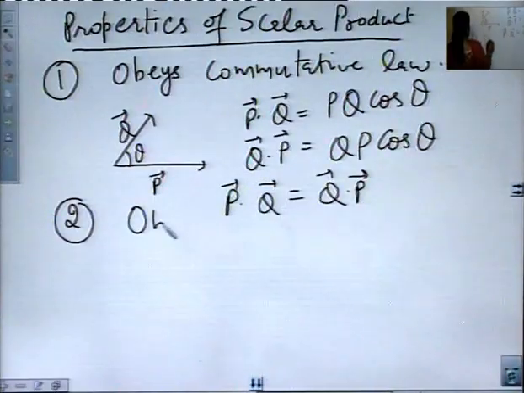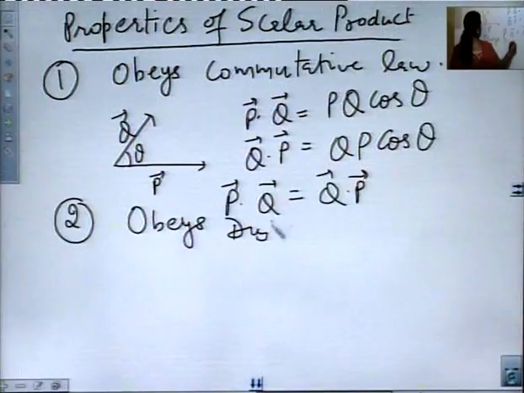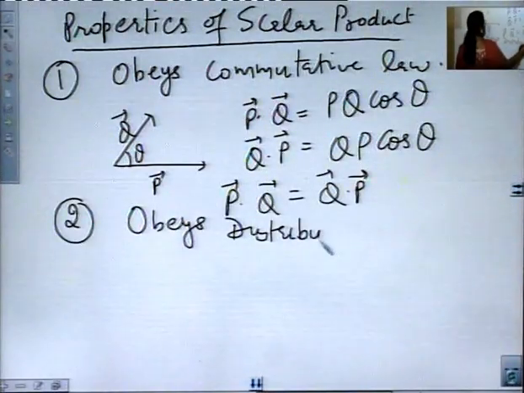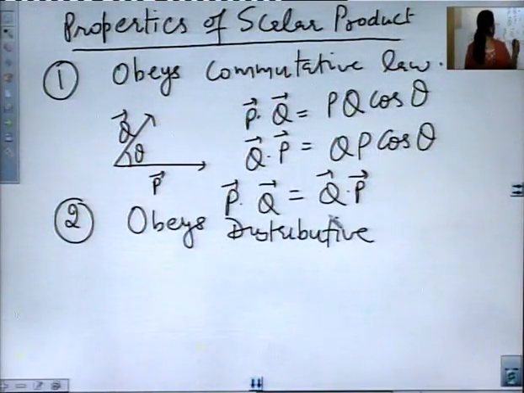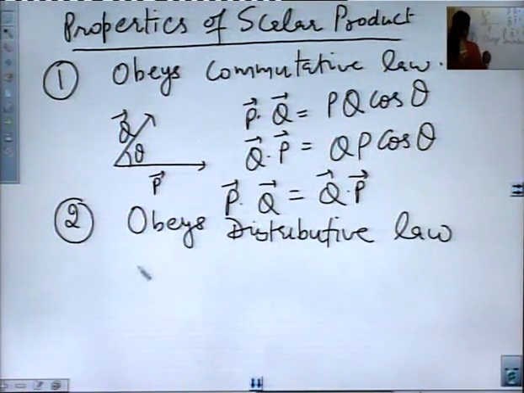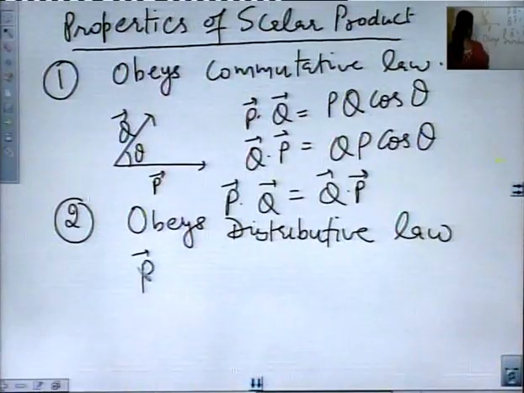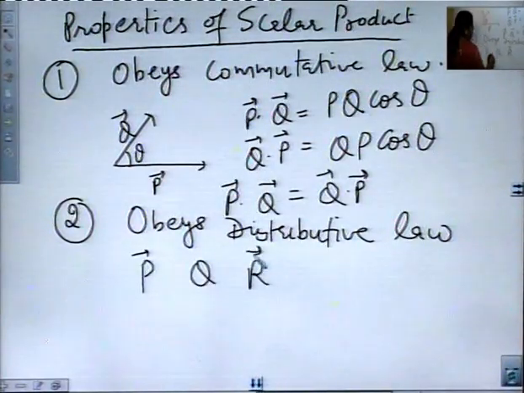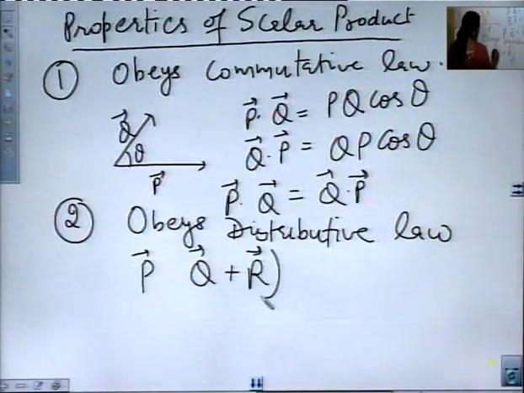The second property is it obeys the distributive law. Suppose we have three vectors P, Q and R. Let us add these two vectors Q and R and then take their dot product with the P vector.